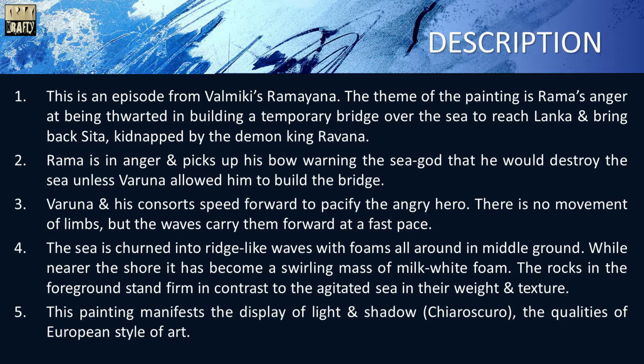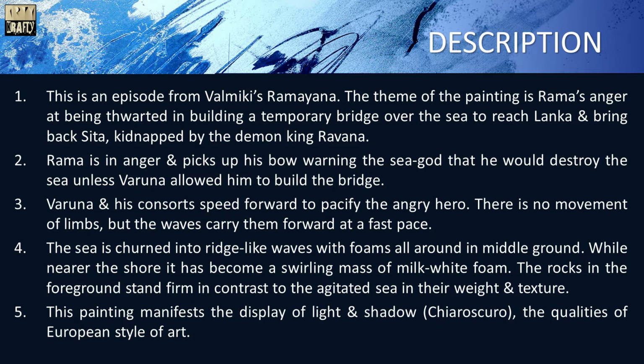The theme of the painting is Rama's anger at being thwarted in building a temporary bridge over the sea to reach Lanka and bring back Sita, kidnapped by the demon king Ravana.